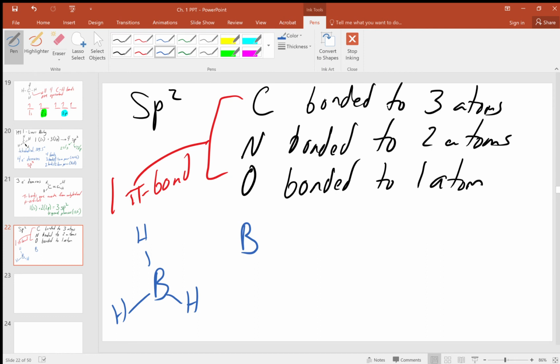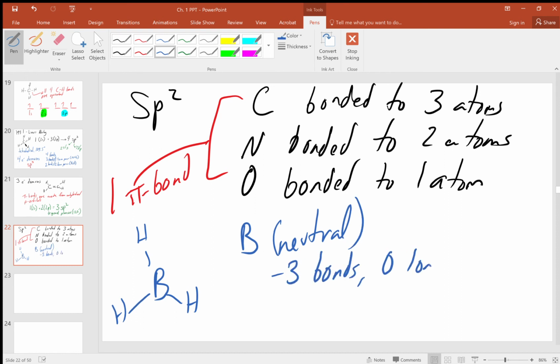We'll actually see that boron does some very interesting organic reactions because of this property. But boron, when it's neutral, has 3 bonds and no lone pairs, which fits us into this 3 electron domain category, and it's also sp2.